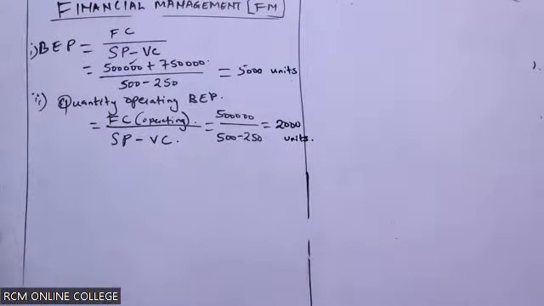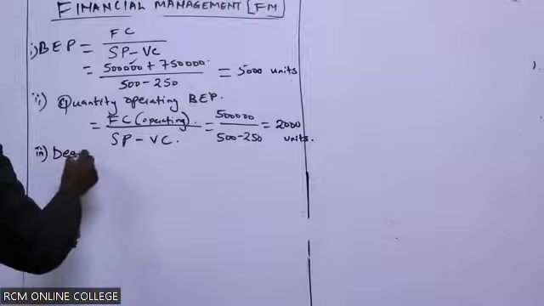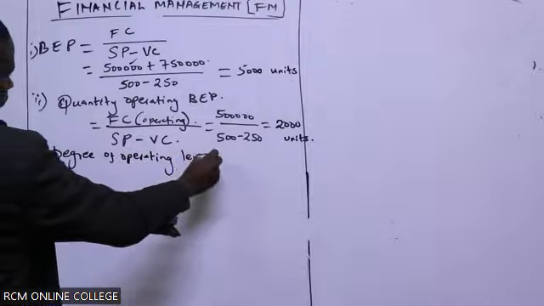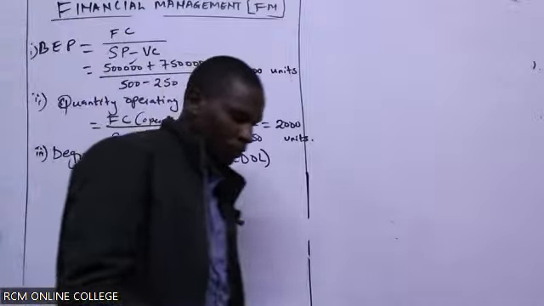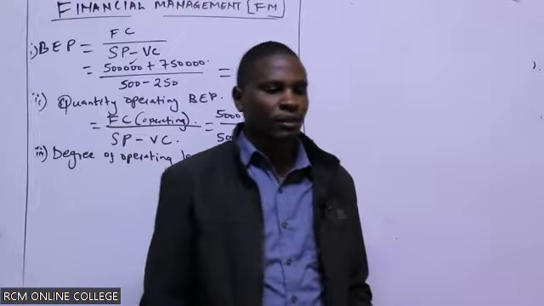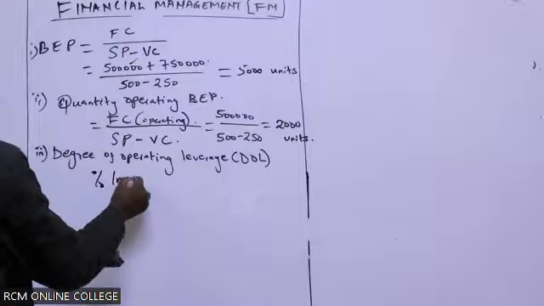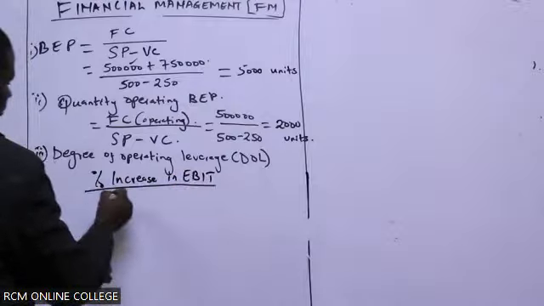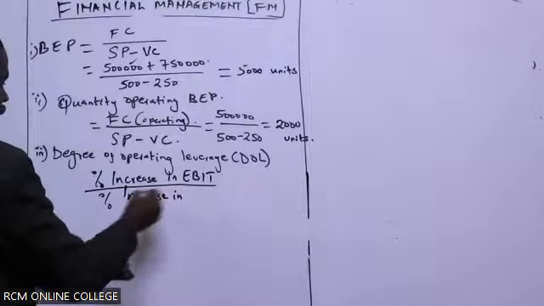Now we can go to the degree of operating leverage. Degree of operating leverage, as we said, can be given by the percentage change or percentage increase in EBIT divided by the percentage increase in sales, the change in sales.